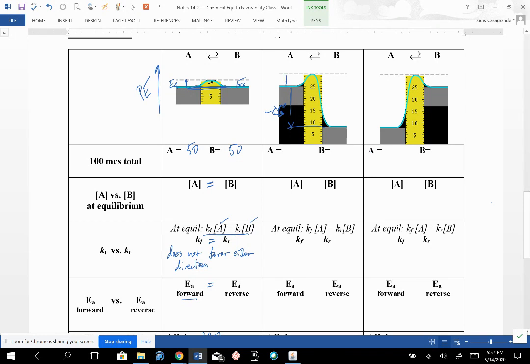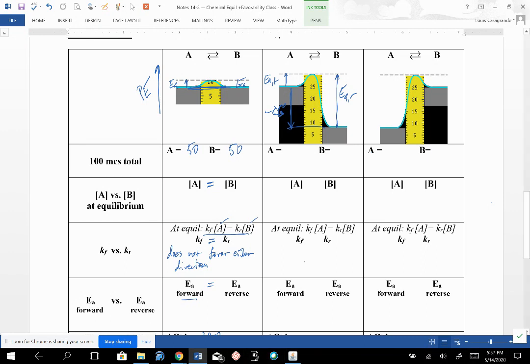And so I've got an activation energy in the forward direction that's smaller than the activation energy in the reverse direction. Think for a moment, what do you think is going to happen when A molecules form B molecules and they get stuck? They get into that trap because remember, we're all at the same temperature, and so it's going to take more energy to get over the reverse barrier than it is to get over the forward barrier.